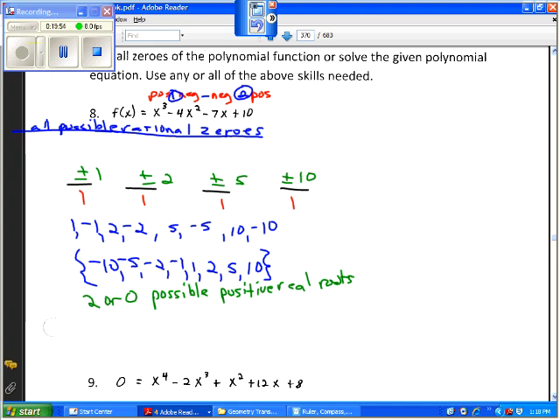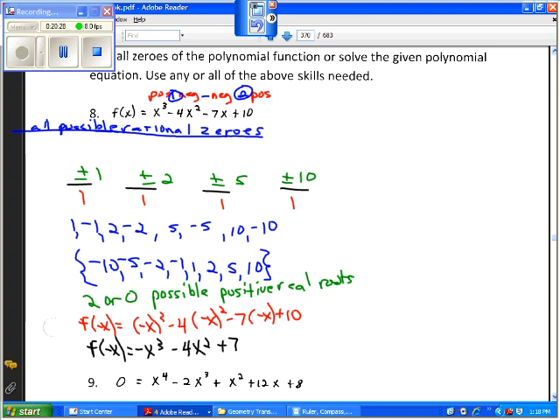If we want to know the possible negatives, then we would have to find f of negative x. And we would have negative x cubed minus 4 times negative x squared minus 7 times negative x plus 10. And so f of negative x would be negative x cubed minus 4x squared plus 7x plus 10.